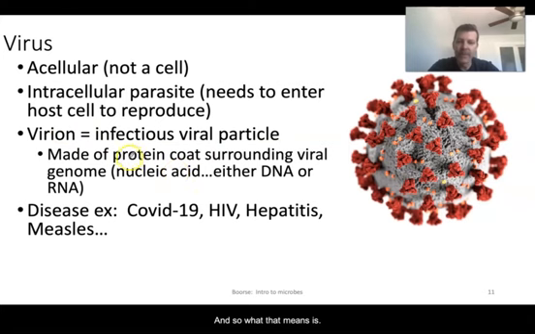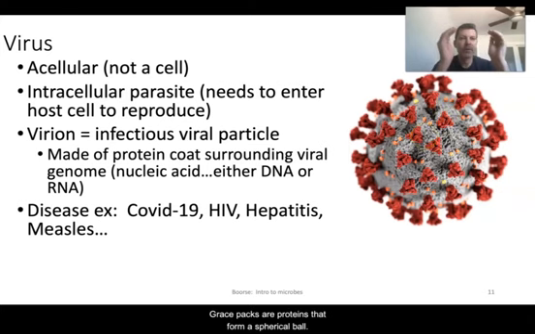And so what that means is an infectious viral particle is going to be a protein coat. And so this gray, this is a picture of SARS-CoV-2, which is what causes COVID-19. And so these little gray specks are proteins that form a spherical ball. Okay. And so that's what we call a protein coat.